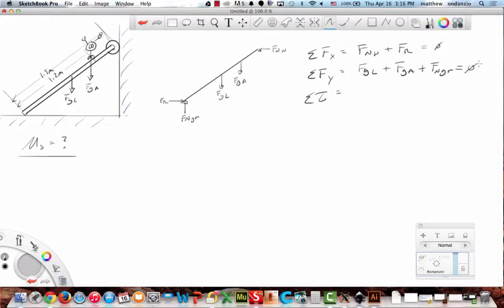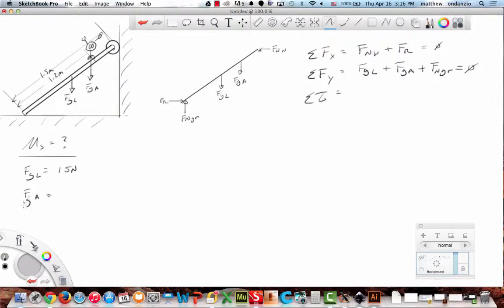Now, I've got two equations. Let's talk about why I need a third one. Look at what values I gave you. What values did I originally give you? FGL and FGA. What is the FGL value? 15 newtons, and the FGA is 10 newtons, okay?